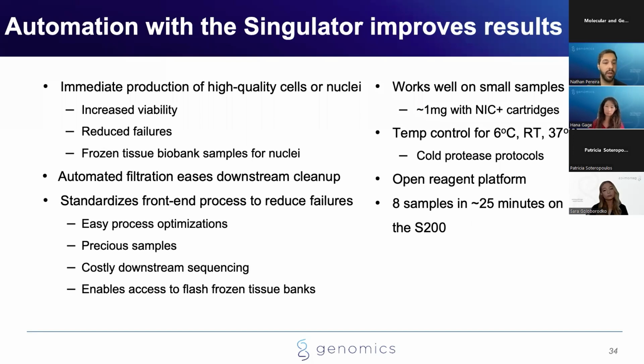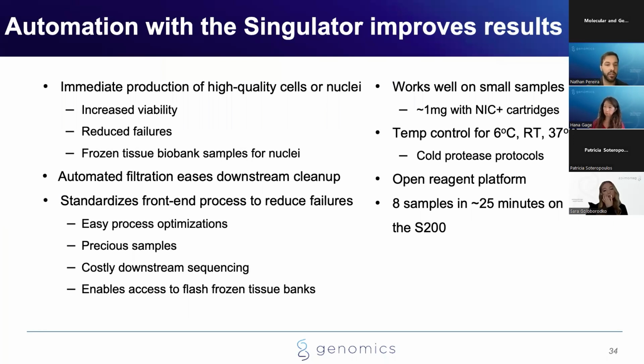It enables, again, flash frozen sample isolation, small sample isolation down to 1 milligram, and it's temperature controlled for both cells and nuclei. And it's an open reagent platform. So if you have reagents that work well for your types of tissues, those are able to be run on the Singulator, reducing costs, but also allowing for less optimization.